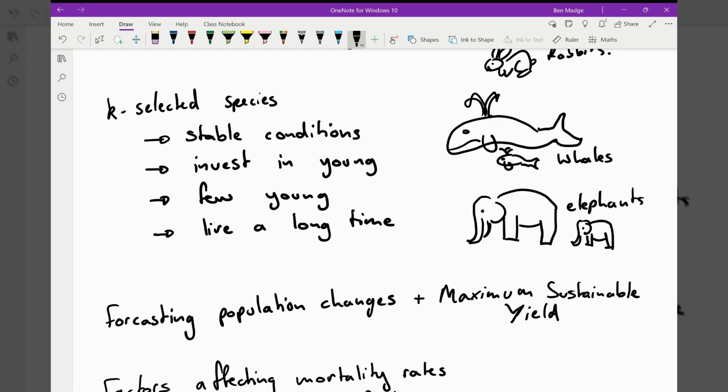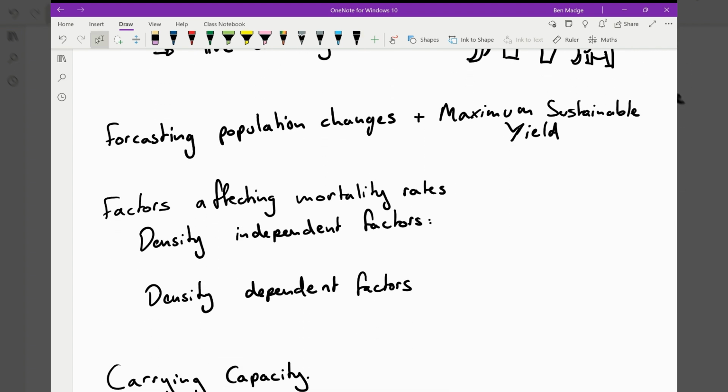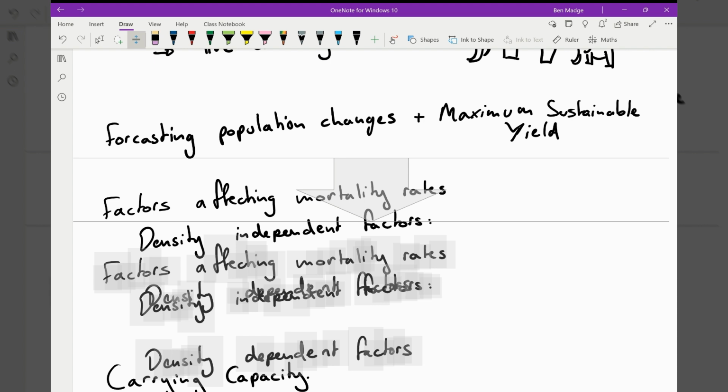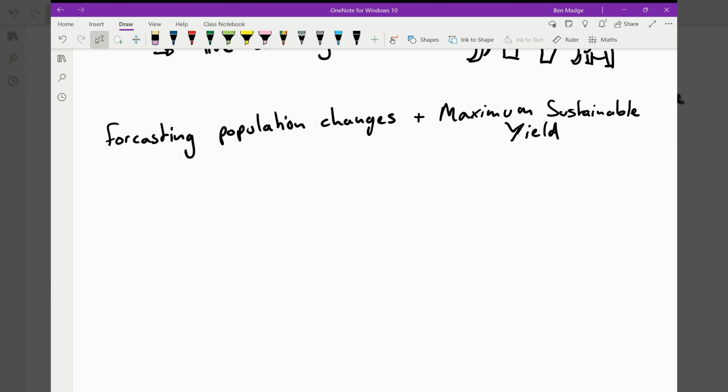So now that we've looked at birth rate, death rate, and the two theories of how animals evolve to respond to this, we're going to look at forecasting population changes. So if we want to forecast a population change, we have our starting population. I'm just going to abbreviate population to POP. And then we add on our births for that year or period of time. And we add on any immigration.